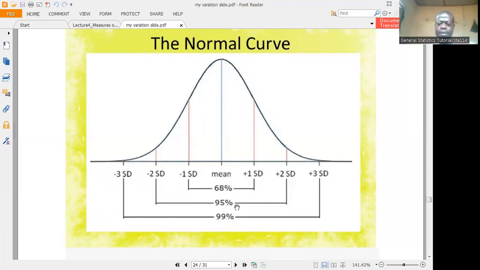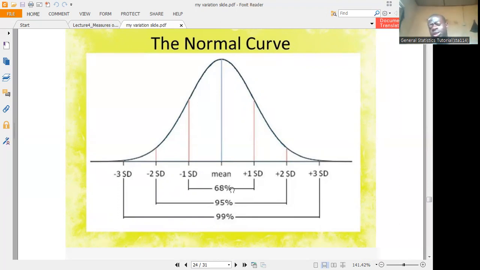What we are saying is that if we have the mean and the standard deviation, and you add the standard deviation to the mean and subtract it from the mean, you can use these two values to form a range, and you can be sure that approximately 68% of the data will lie in that range.